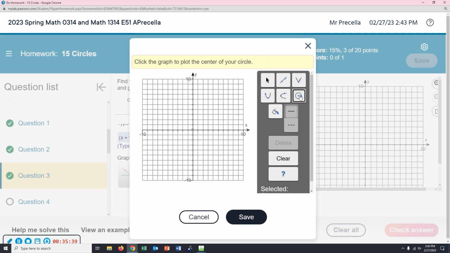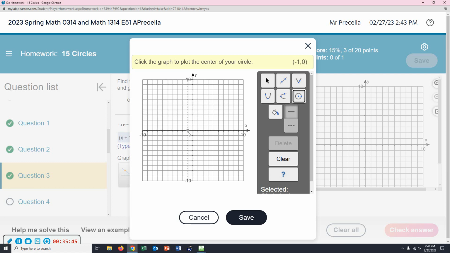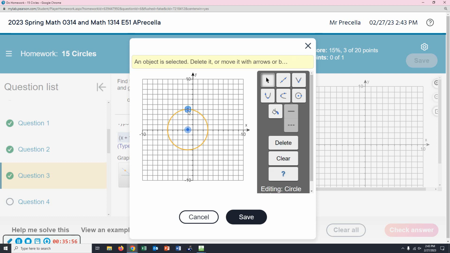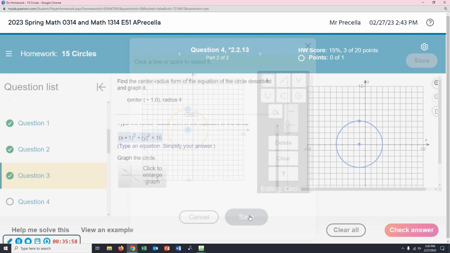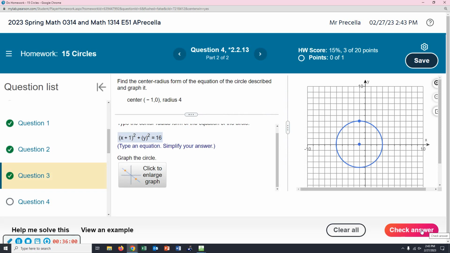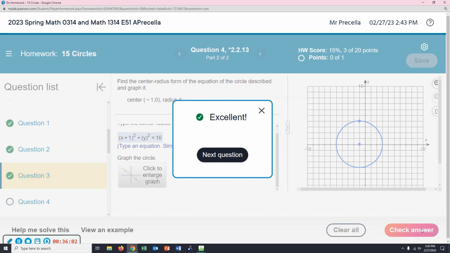I'm getting ahead of myself. The radius was 4, the center -1, 0. -1, 0, and then 4. 1, 2, 3, 4. I moved up 4. Okay.